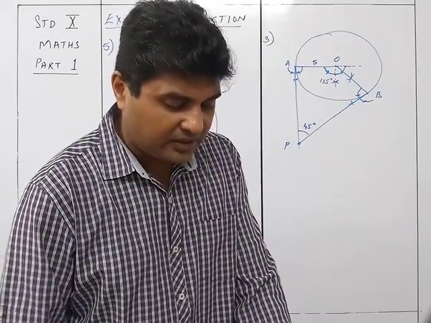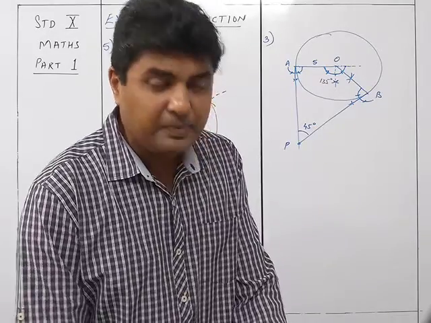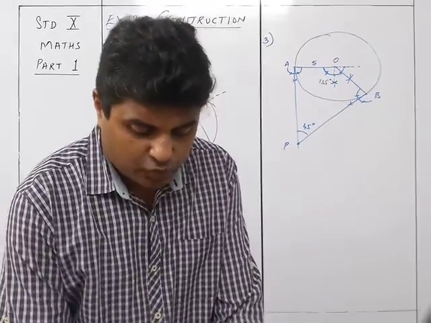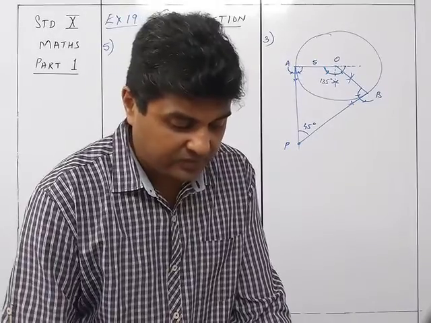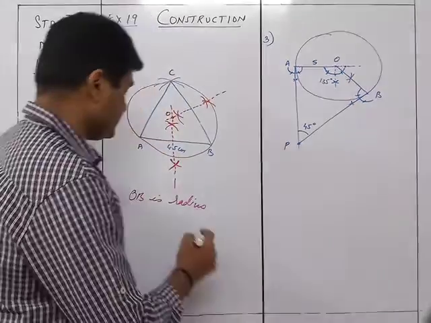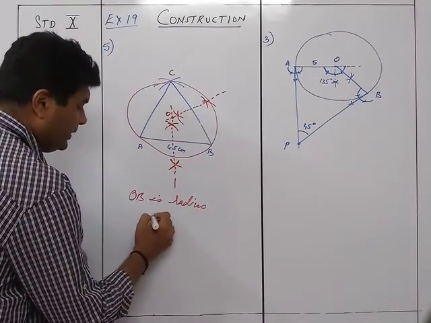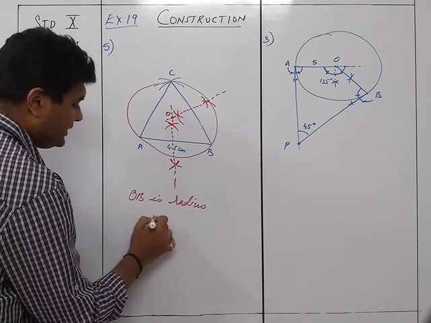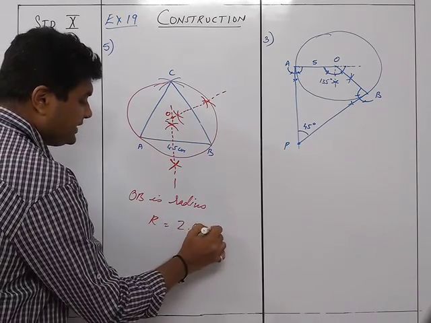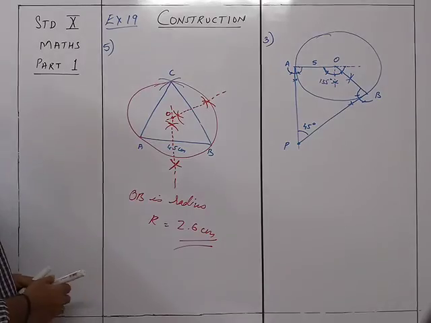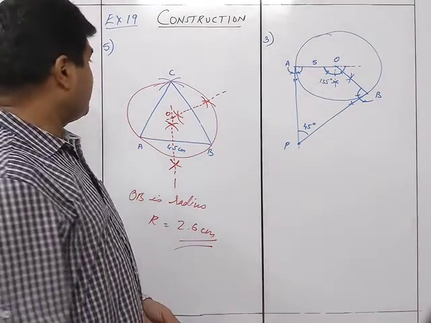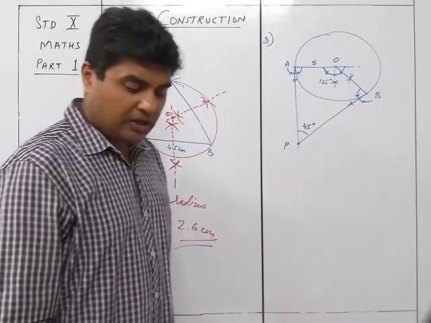But the radius of the circle, as per the textbook, is 2.6. So OB, or we can say radius R, is equal to 2.6 centimeters. That was question number 5. Now we move on to question number 7.